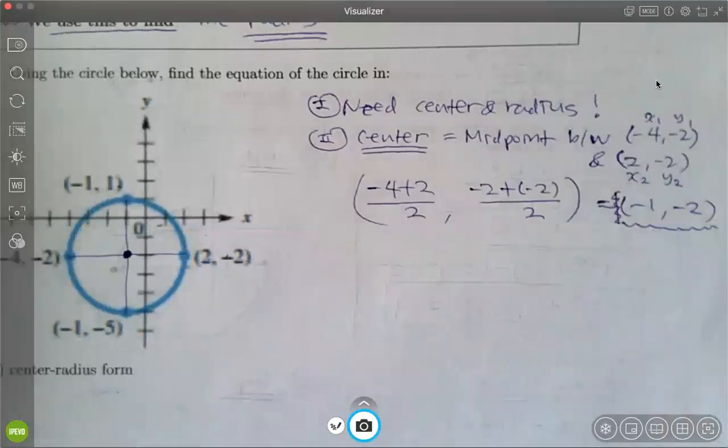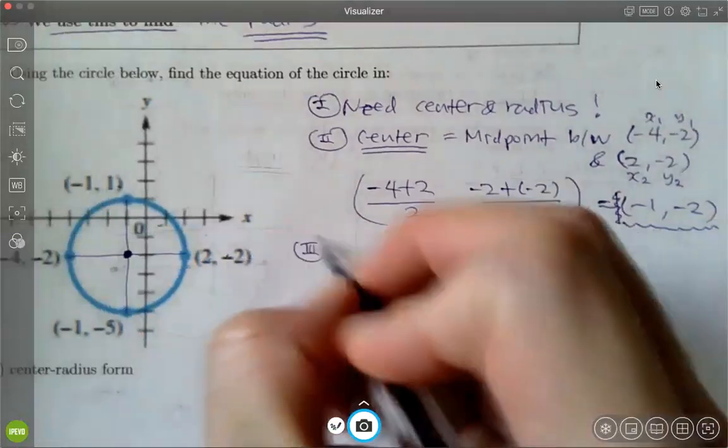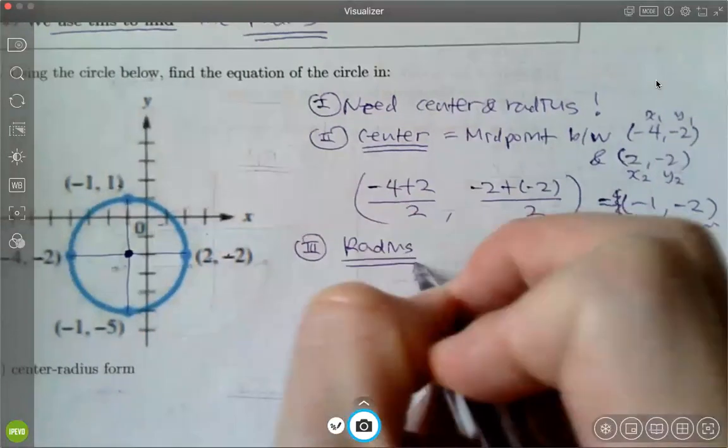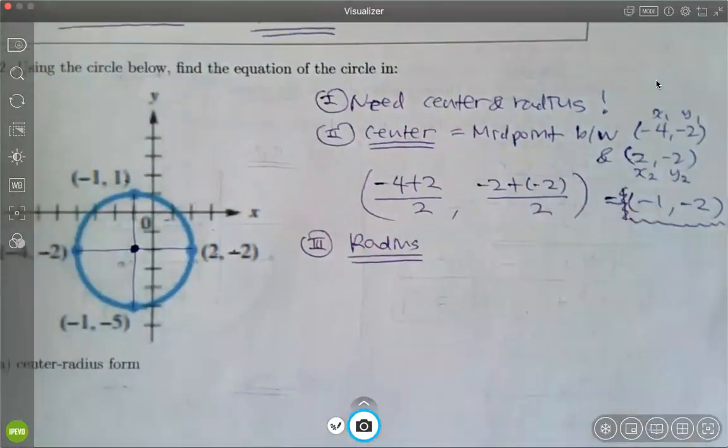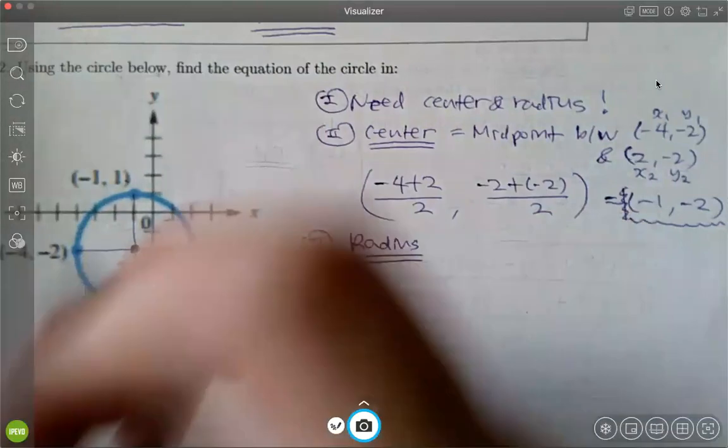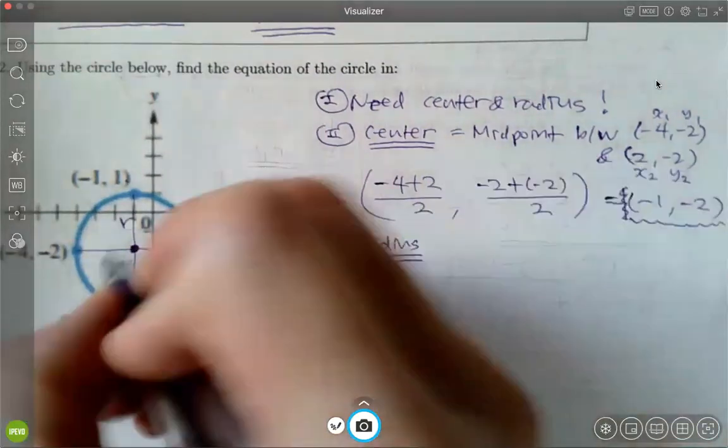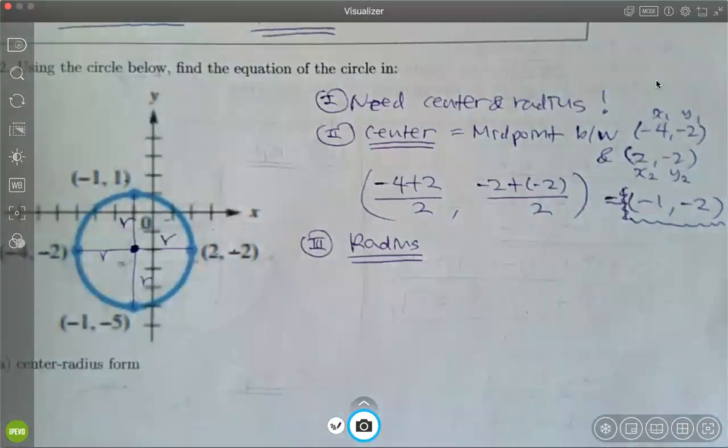Now step number 3, find the radius. How do you find the radius? From the picture here, all of these are radii, right? So what is the radius?